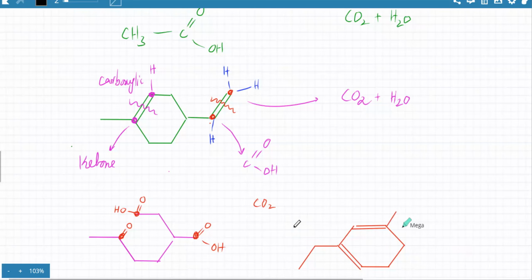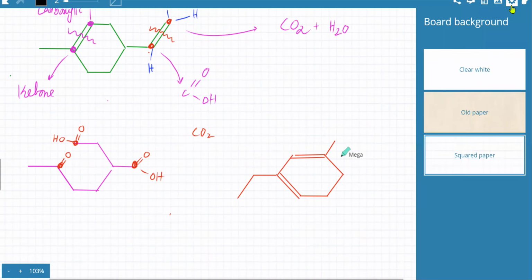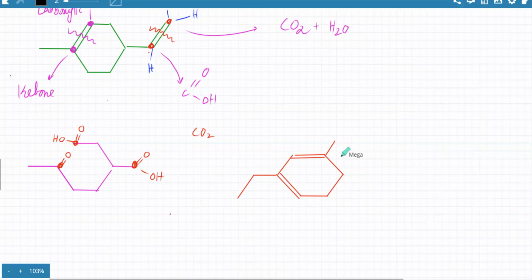So this is the molecule. Tell me what the product is of strong oxidation. Okay, just 1 second sharing it. That's your homework. Try working this out. What would be the product of the oxidation of this molecule?